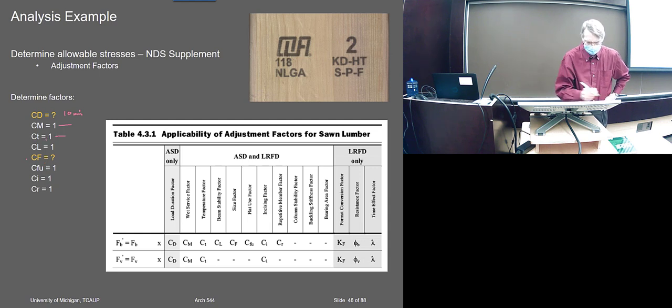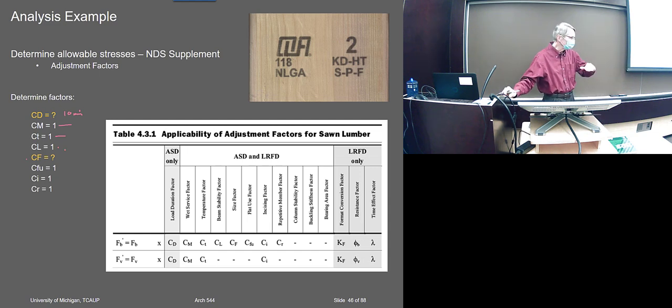It's at normal temperature, we'll just assume here. It's a 2x4. If you remember, a 2x4 I don't think requires any bracing at all, so that would be 1 for a 2x4, right?